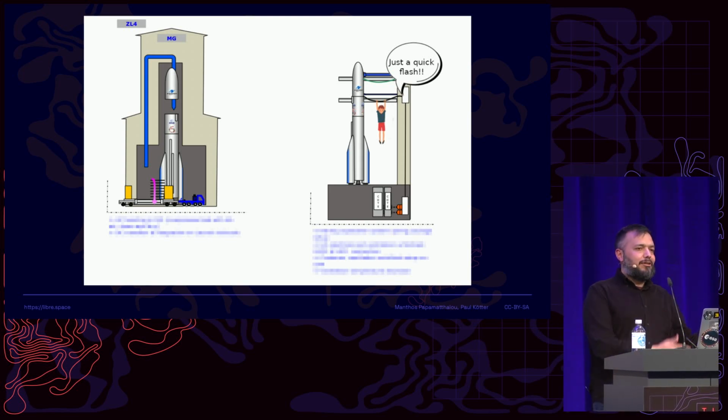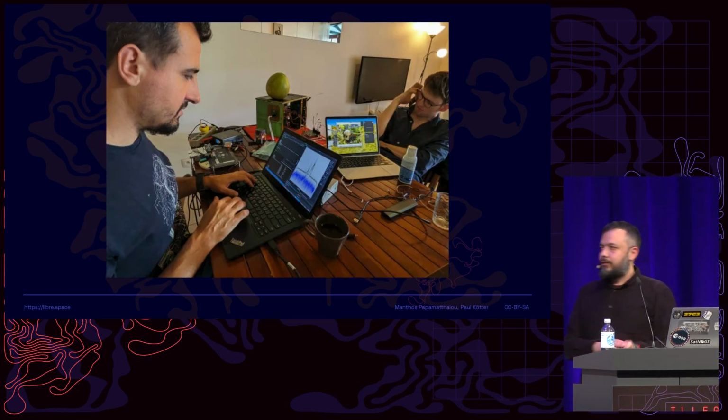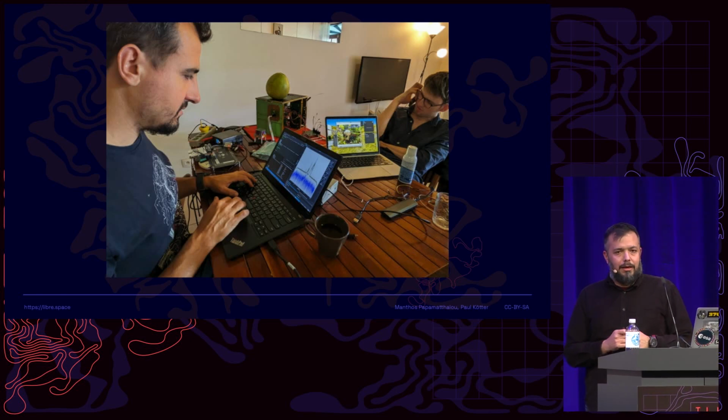So again, we started doing some coding on site in the Airbnb, writing code, passing the CI, trying every piece of code on the engineering model, which is an exact copy of the flight model.